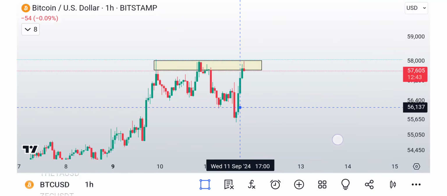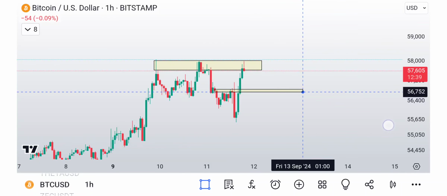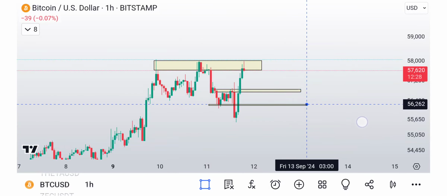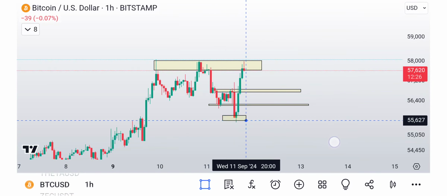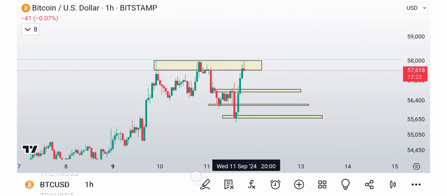We have to also keep that in mind. But if we start breaking below this 56,000, basically $1,000 down, 56,752 is okay. But if we start breaking this and really the low here, then maybe this is something different.